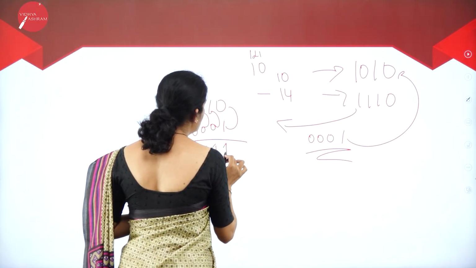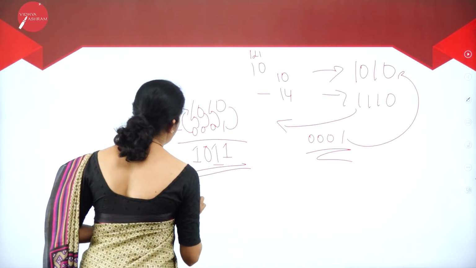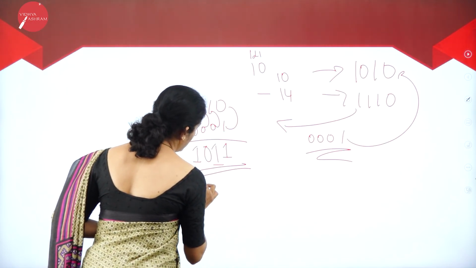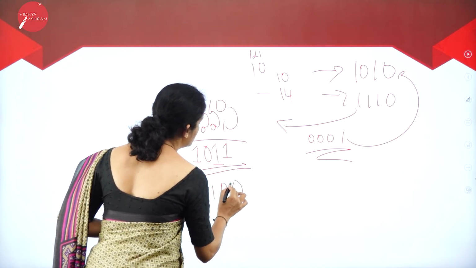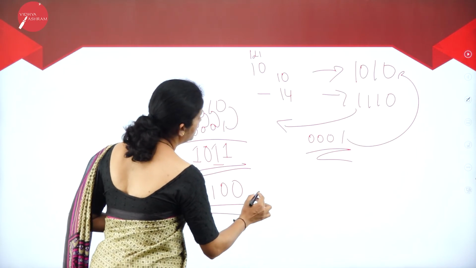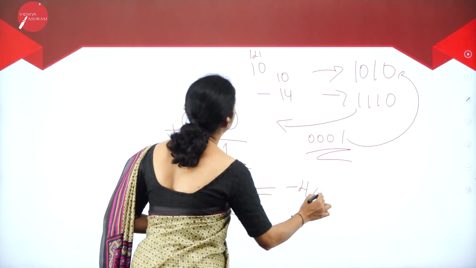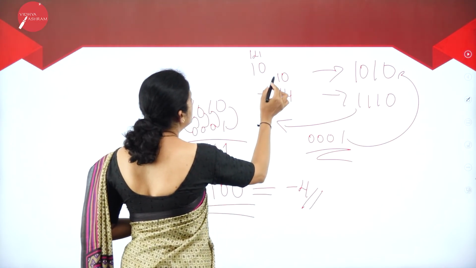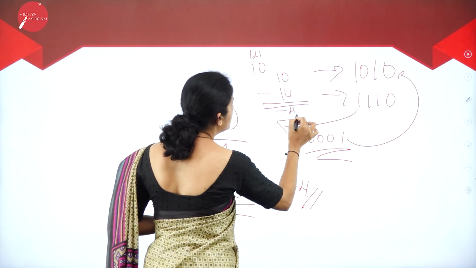Now I take the 1's complement of this, that is 0, 1, 0, 0. Now it is minus 4. So 10 minus 14 is minus 4.